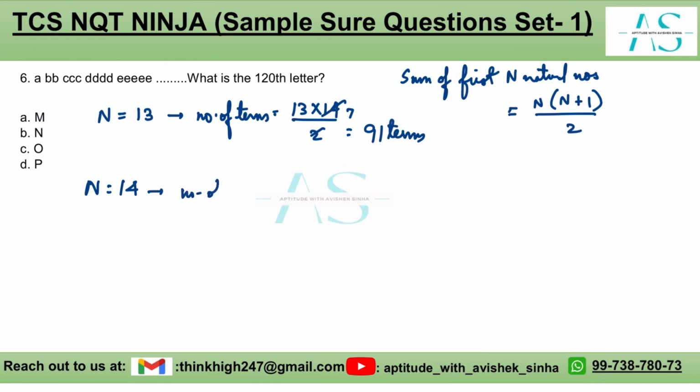So the number of terms is 14 into 15 by 2. This is 7 into 15, which is 105 terms. Now what do we know from this?